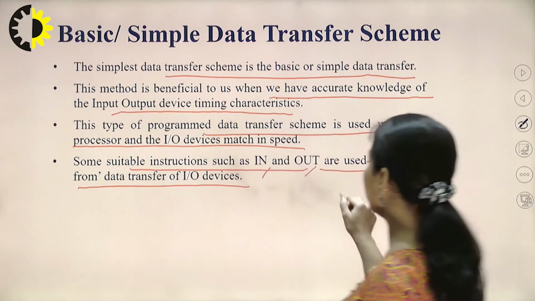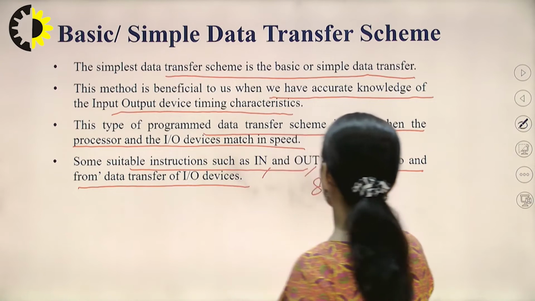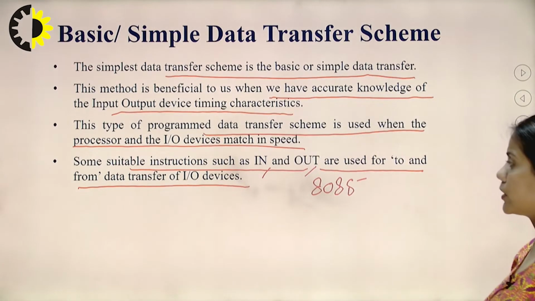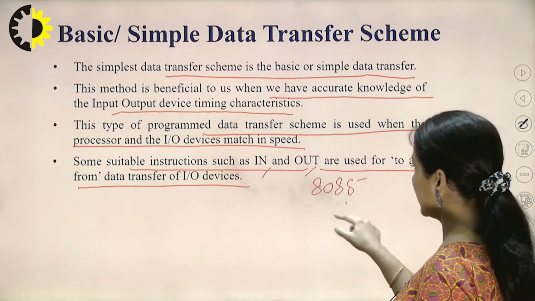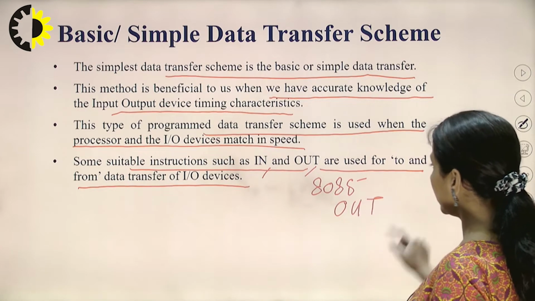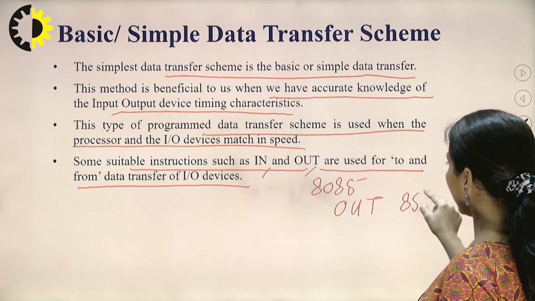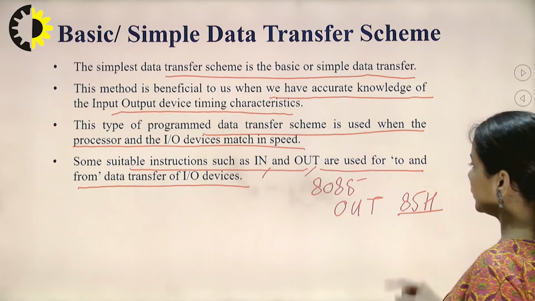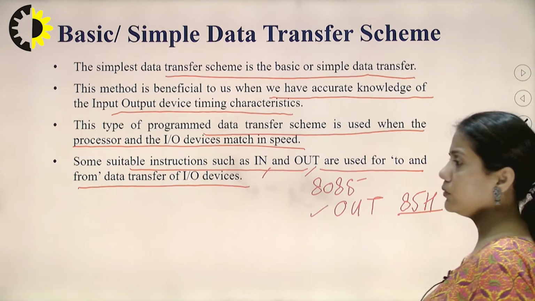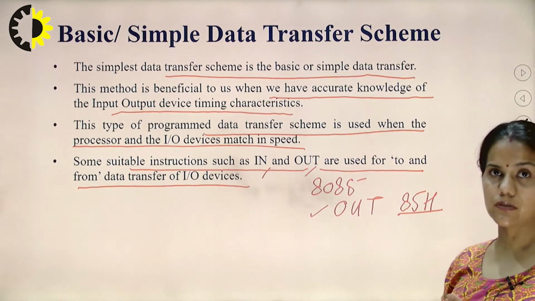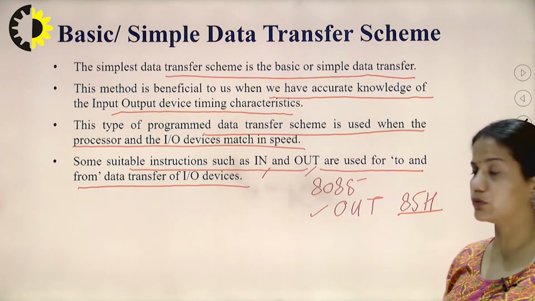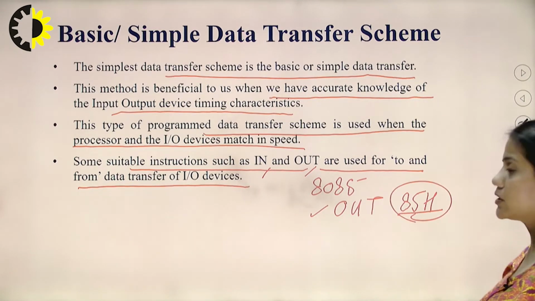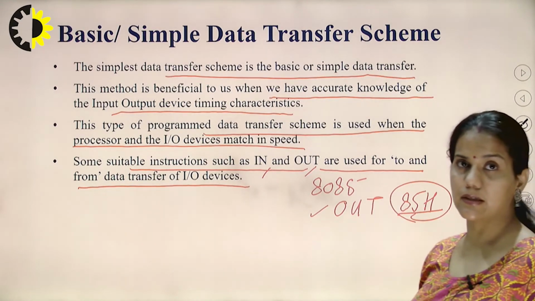Suppose we are talking about the 8085 and we want to transfer data to some port. How will we write it? We will write OUT 85H. This is the address of the port. So what will this instruction do? It will transfer the contents of the accumulator to the port addressed by 85H.